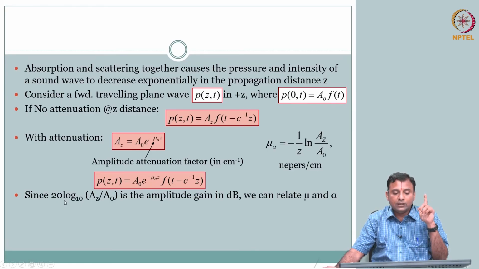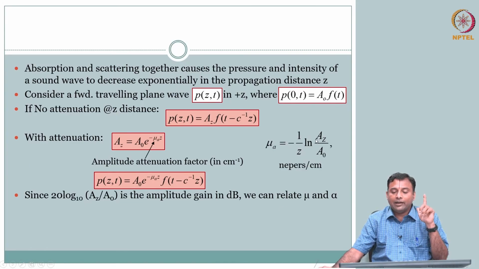So, let us see. Since 20 log 10 of A z by A naught is the amplitude gain in dB, a straightforward definition, A z by A naught 20 log 10, because it is amplitude. If it is 10 log, then it is power loss; it is 20 if it is amplitude. Attenuation coefficient alpha was in dB.